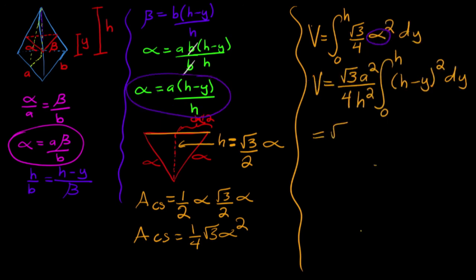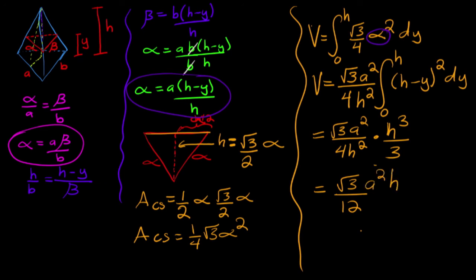And so this is equal to square root of 3 a squared over 4h squared times, if you do this integral, you're going to get h cubed over 3. And so with all this put together, you get the square root of 3 over 12 a squared times h. And that's the formula for the volume of that tetrahedron.